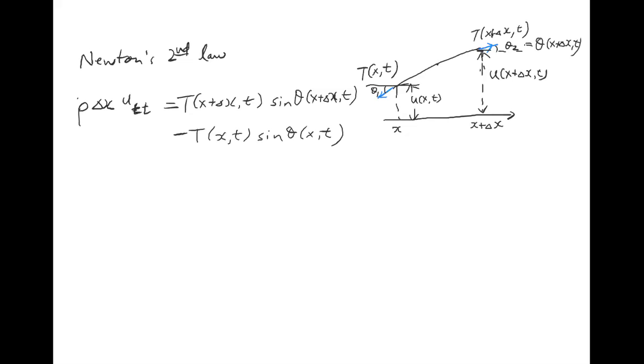And at the same time, we require that the horizontal component, the x component, of the forces add up to 0. So it's the same equation as before, but now we don't enforce the small displacement or the small angle approximation.